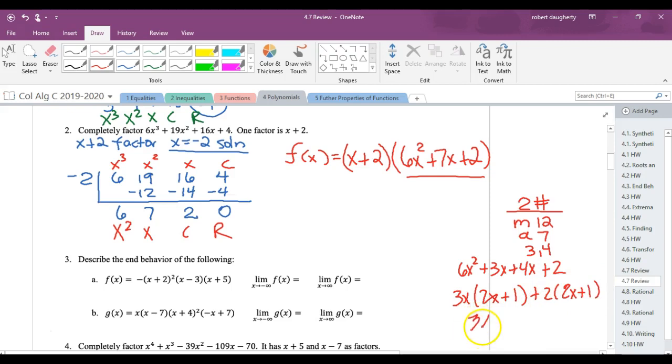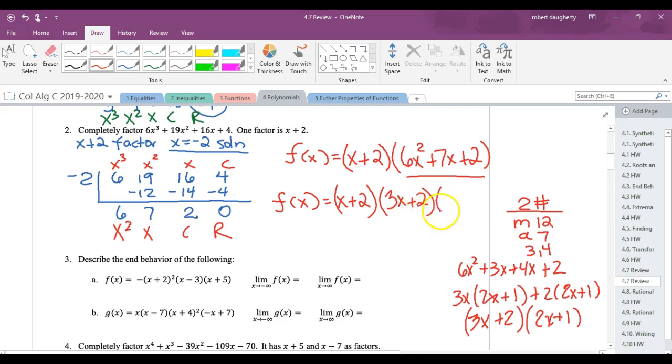This final factorization is (3x plus 2)(2x plus 1). Final answer to this problem is (x plus 2)(3x plus 2)(2x plus 1). That's the complete factorization of that polynomial.